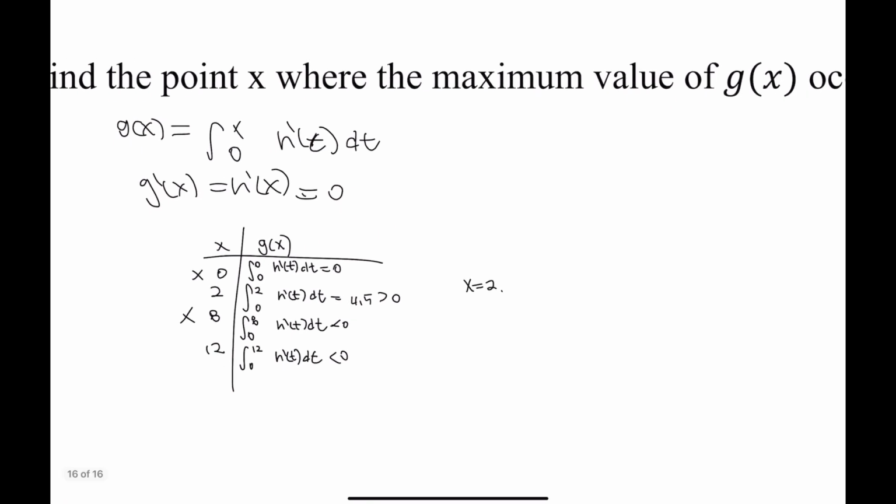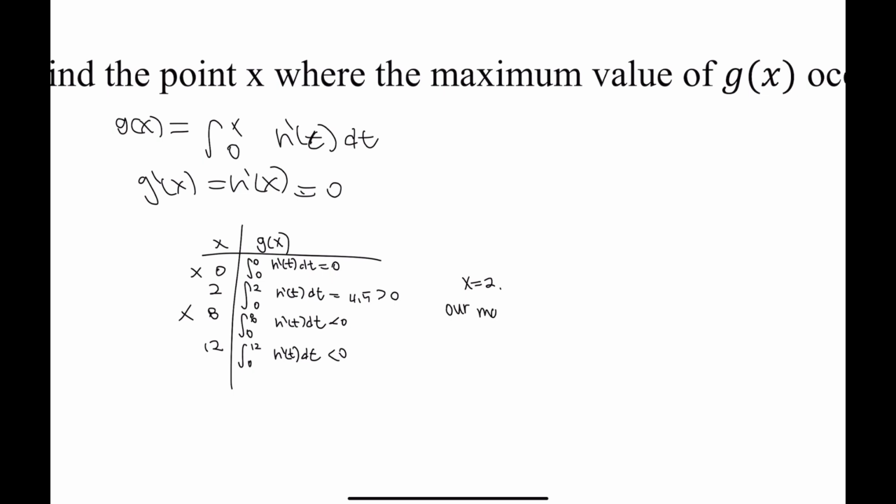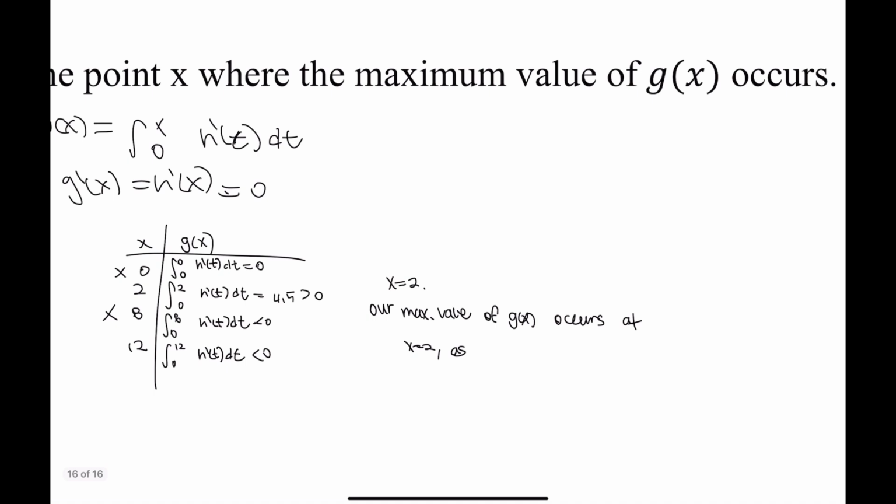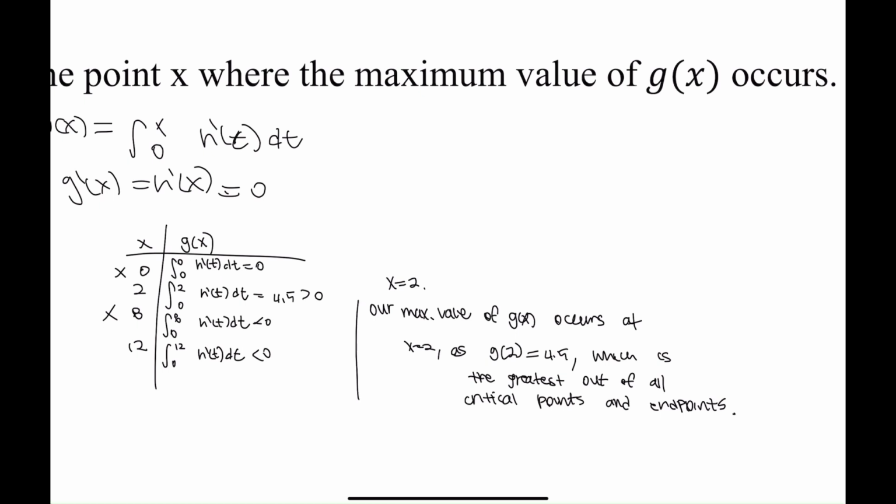Okay, so our maximum of g of x occurs at x equals 2, as g of 2 equals 4.5, which is the greatest out of all critical points and endpoints. Alright, so that would be our answer.